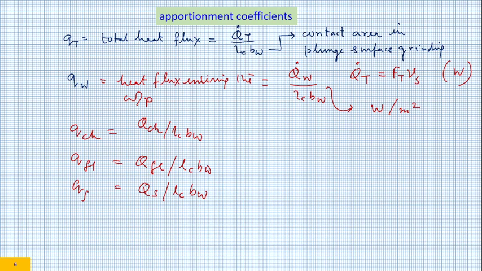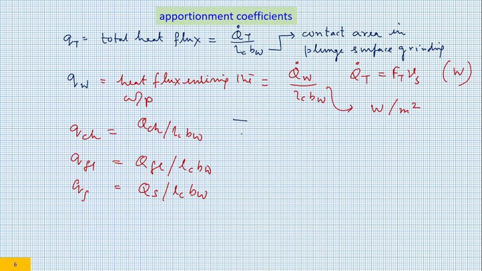So we will go towards the apportionment coefficient, and for that let us use a different color. Maybe this one will be more suitable. No, I will use a different one. I will use this color so that it is distinctly different.